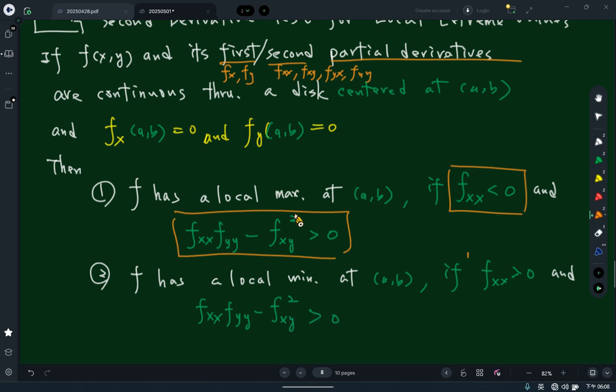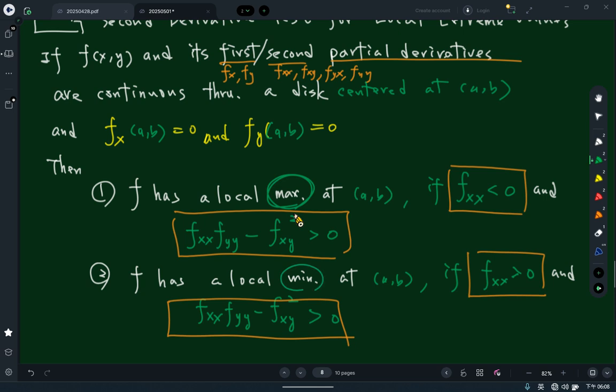So please just notice that here and here, this is for maxima, this is for minima. So this condition is the same for both.